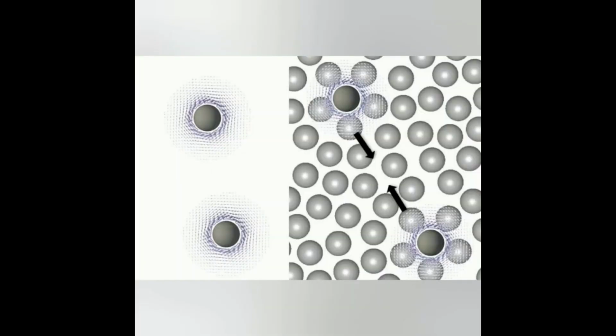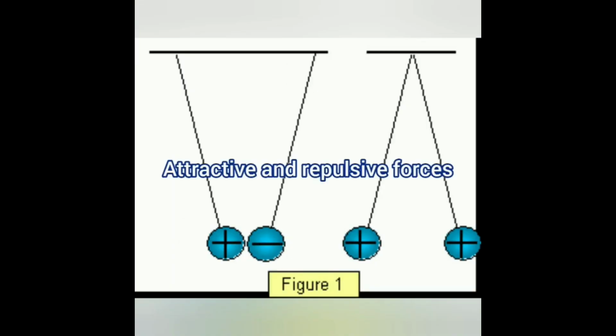Particles of matter attract each other. It is the force of attraction which keeps the particles together. This attractive force will be different for different forms of matter. So, there are two different forces between the particles.